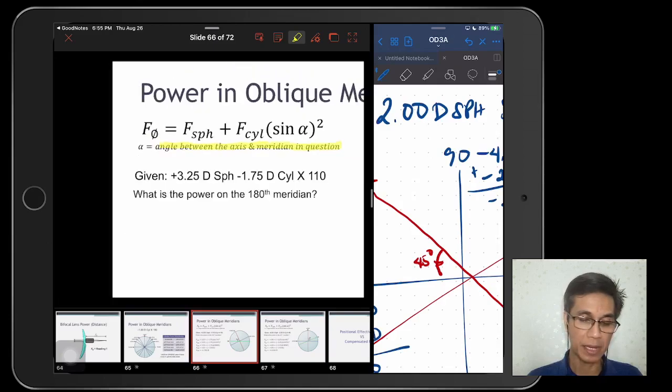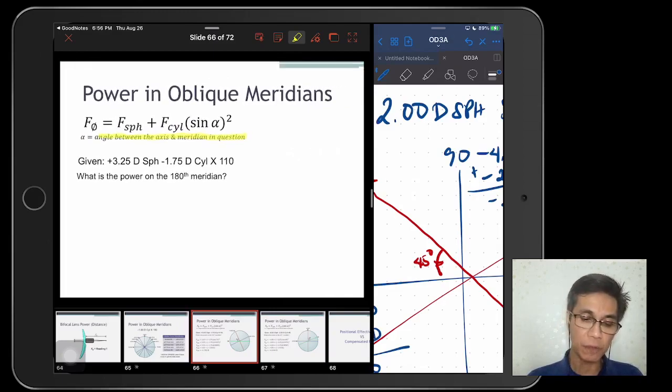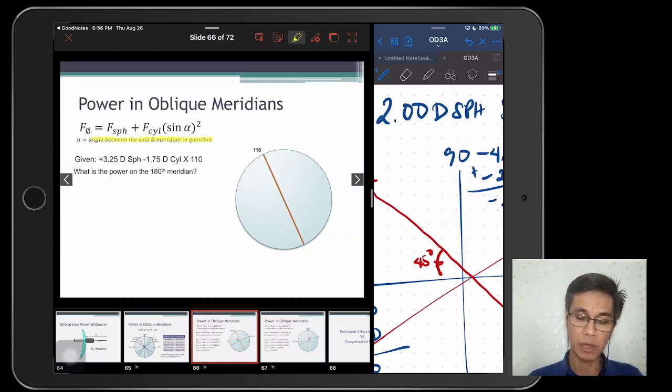Take, parang ito, given plus 3.25 diameter sphere combined with minus 1.75 diameter cylinder axis 110. What is the power on the 180th meridian? Now dito, meron tayong axis 110. So i-plot lang muna natin siya. Dalawa yung principal meridians natin, 110 at saka 20.